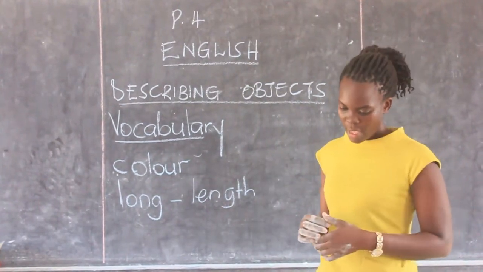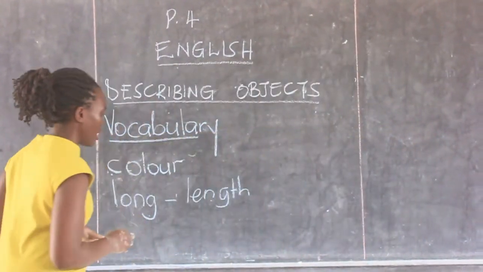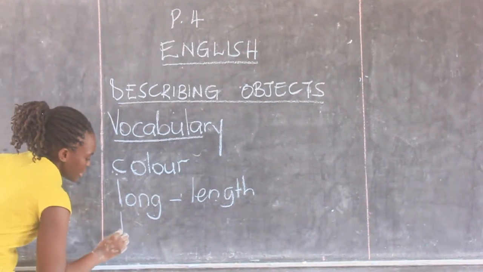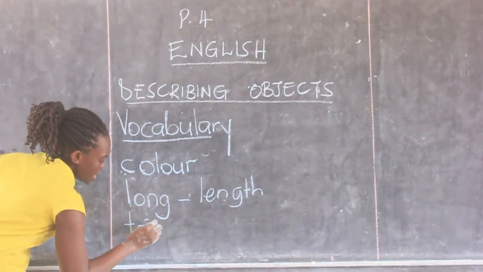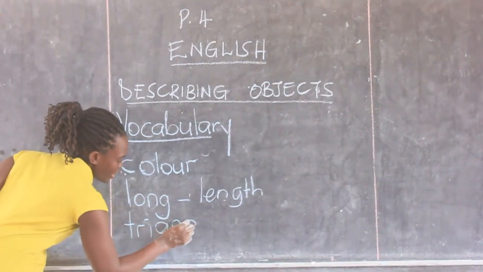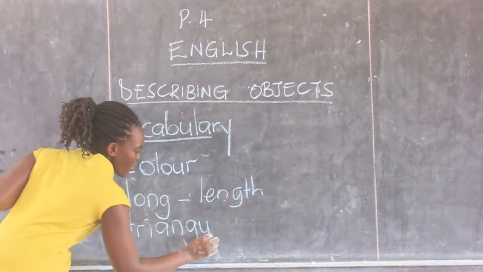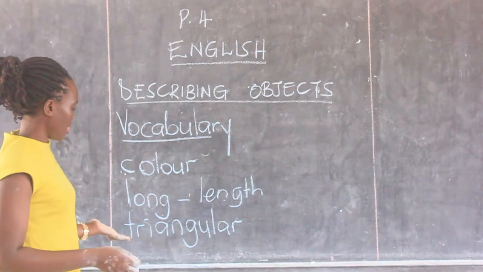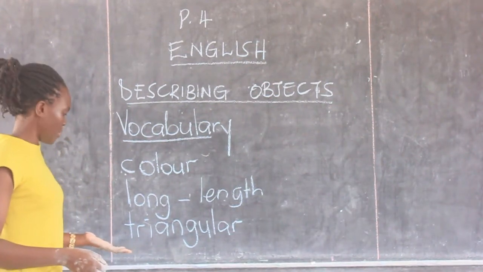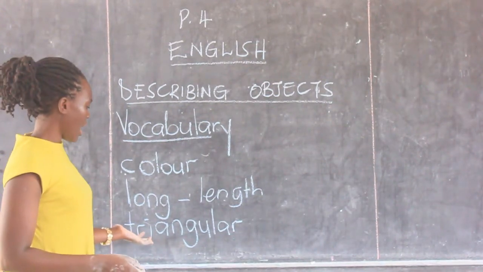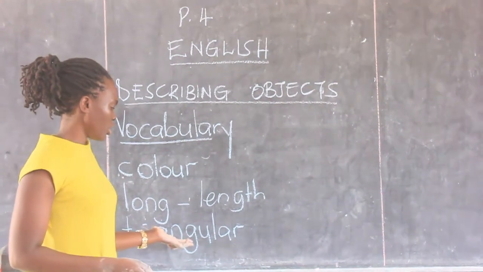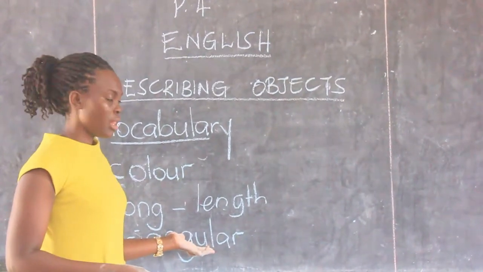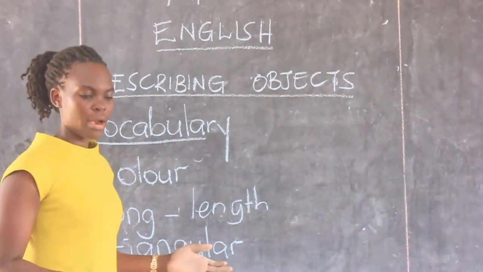I move on. I have my next vocabulary as triangular, from the word triangle. Triangular. As you can see, the spelling is very simple. T-R-I-A-N-G-U-L-A-R. Triangular.